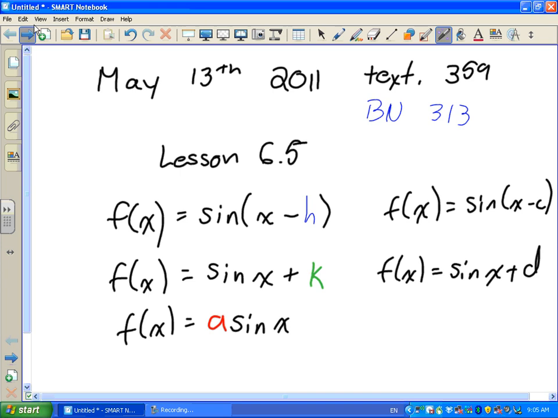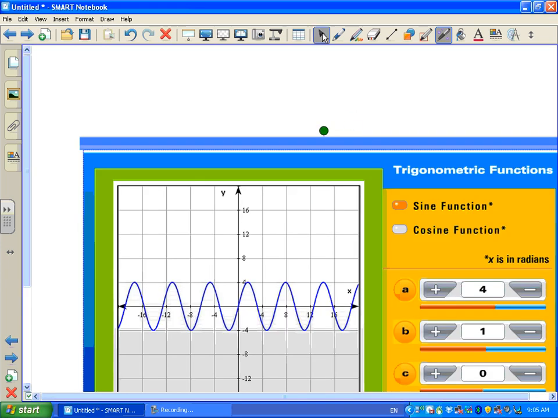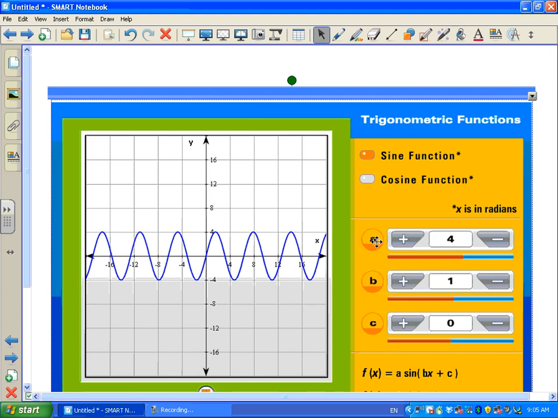Let's jump right to this and see if this will help. Okay, so I have here a sine wave. We're going to call it A1. Uh-oh. Why did it stop? Oh, there we go.